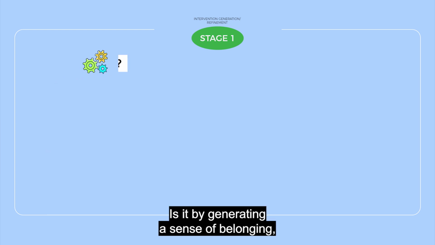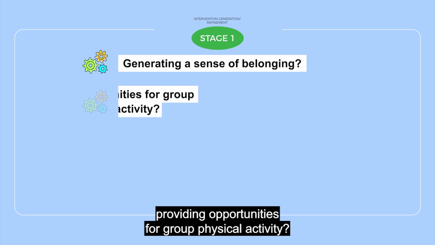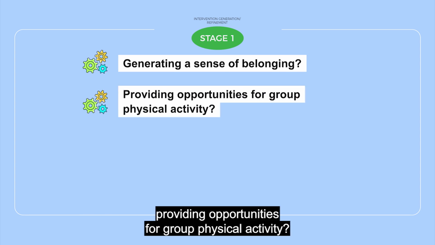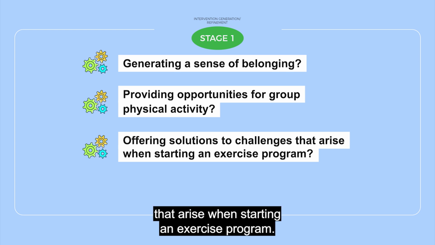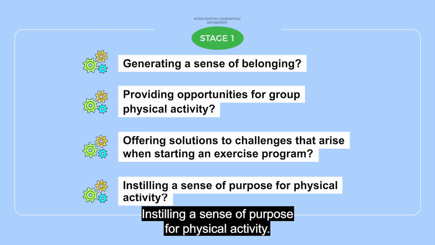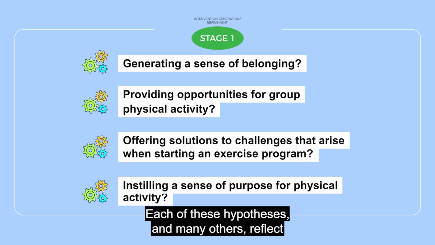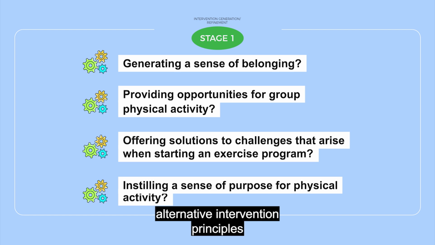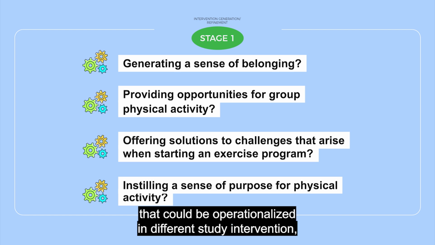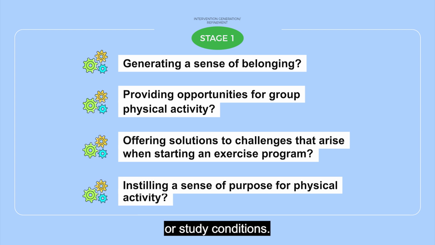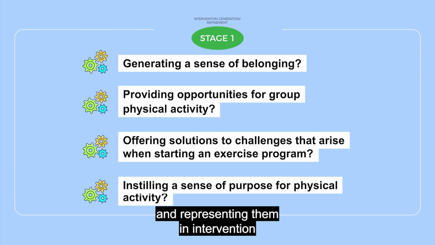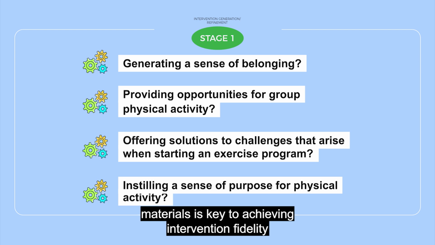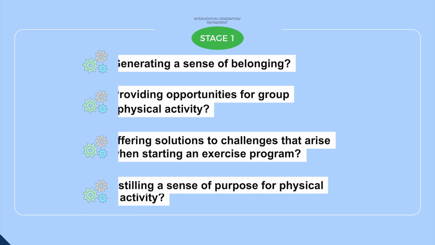Is it by generating a sense of belonging, providing opportunities for group physical activity, offering solutions to challenges that arise when starting an exercise program, or instilling a sense of purpose for physical activity? Each of these hypotheses, and many others, reflect alternative intervention principles that could be operationalized in different study interventions or study conditions. Operationalizing these principles and essential elements and representing them in intervention materials is key to achieving intervention fidelity.